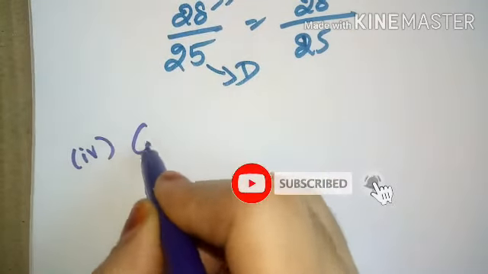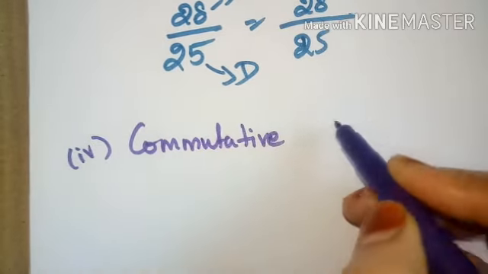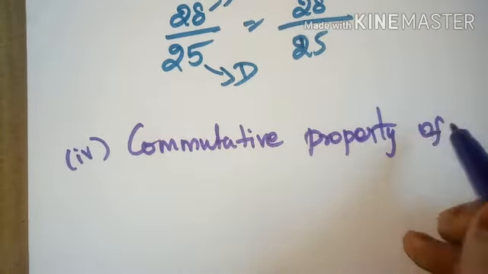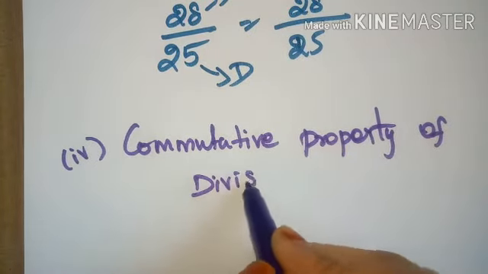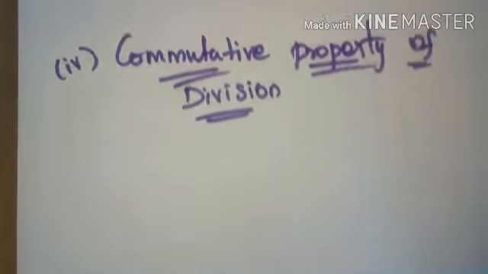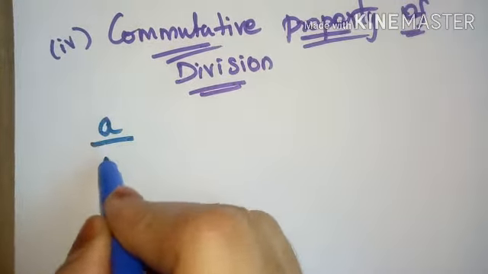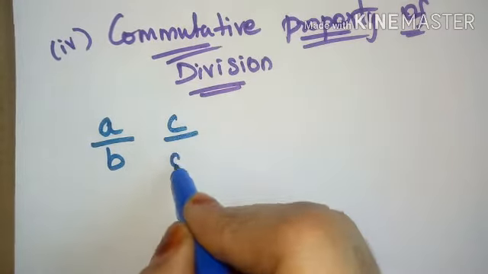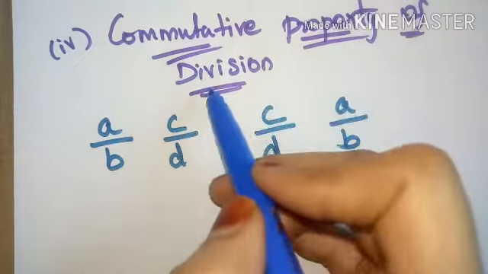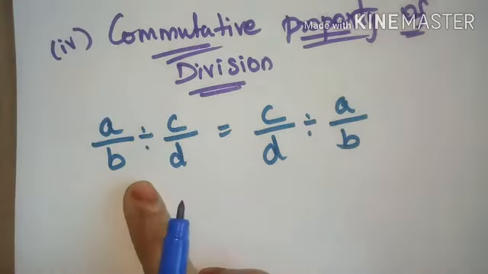Next we are going to do the commutative property of division. Okay, same terms here also: A upon B, C upon D, C upon D, A upon B. Division means divided by, so write the division symbol here.